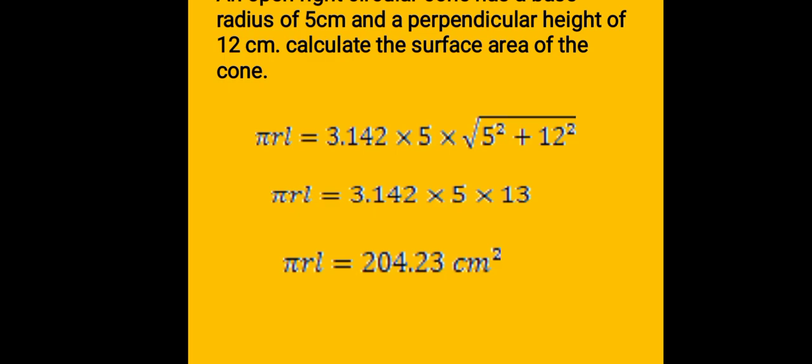The hypotenuse is the slanting height of the cone. Having found it, it is 13. Then multiply by the rest, the radius and the pi, we get the surface area to be 204.23 centimeters squared.